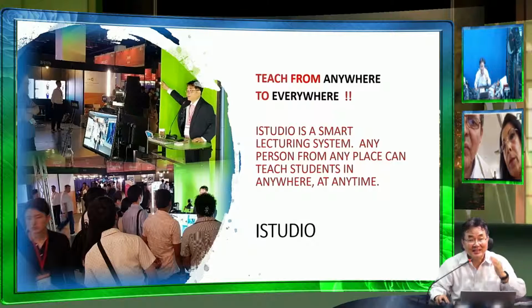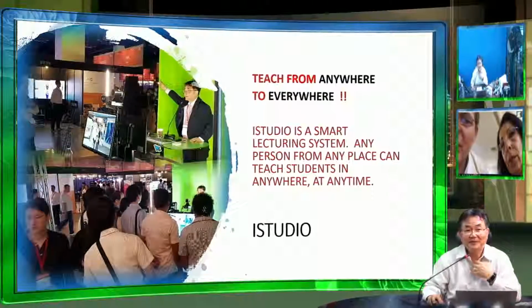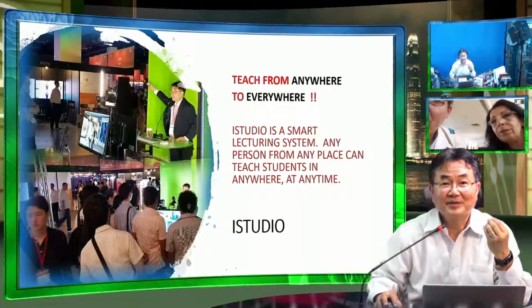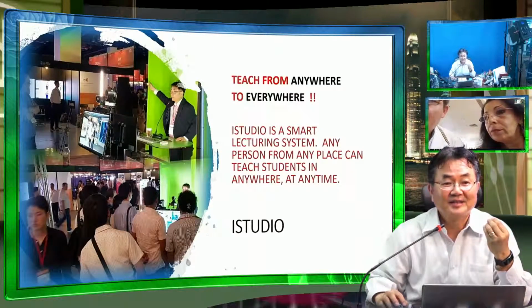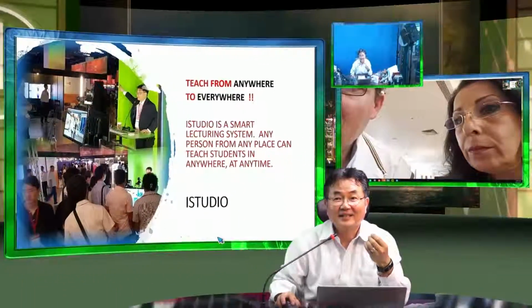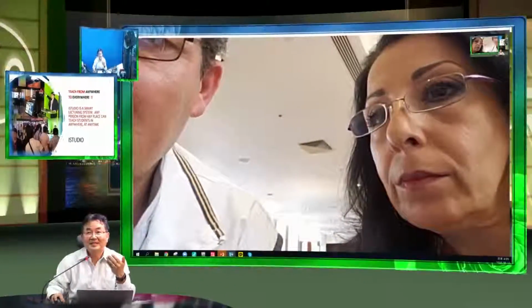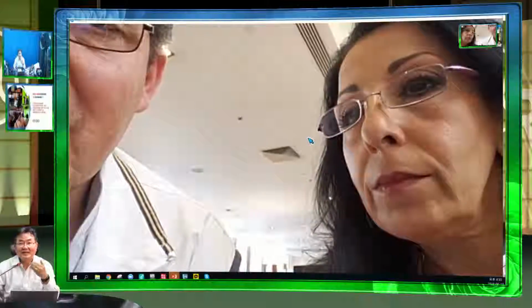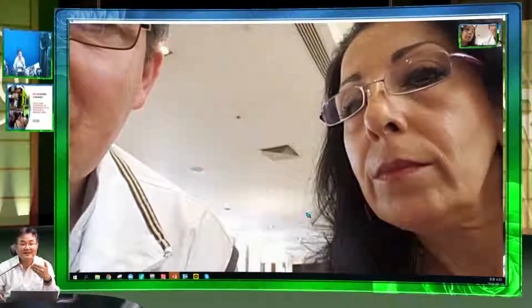So any live presentation can become very beautiful like I'm doing now. When I make the students bigger, like here, we can talk to each other like this. So this is the way we make real-time communication.